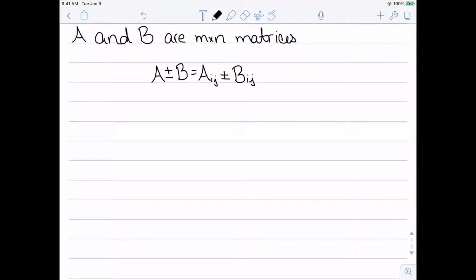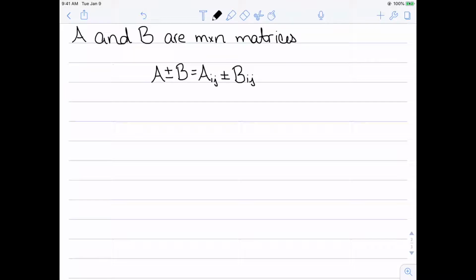So this is our shorthand notation that says if we want to add two matrices, we just add things that are in corresponding entries. If we want to subtract two matrices, we subtract things that are in corresponding entries. It's also important to note that our two matrices do need to be of the same size. If we have two matrices that are two different sizes, we cannot add and subtract them.